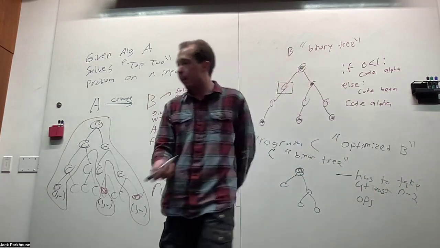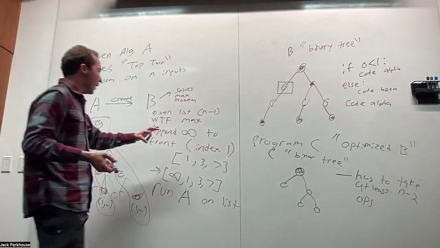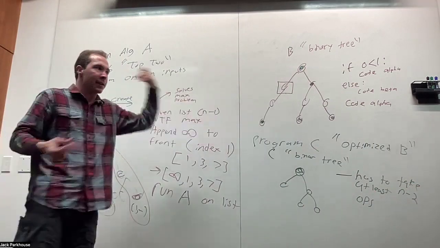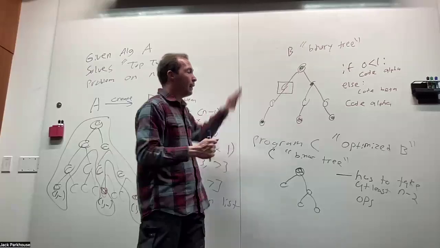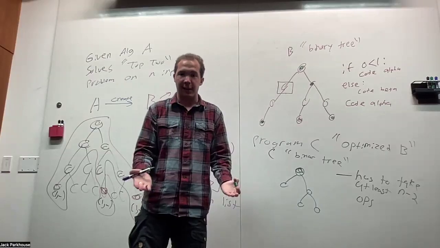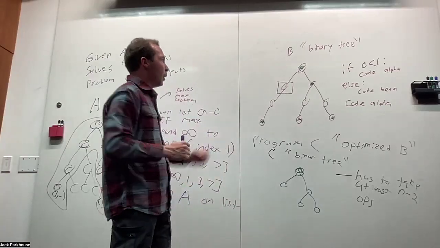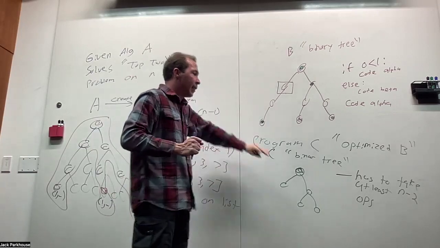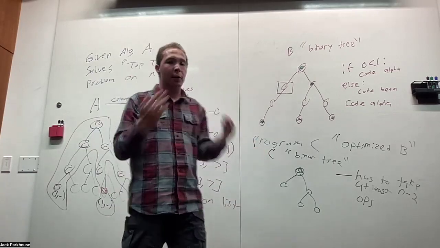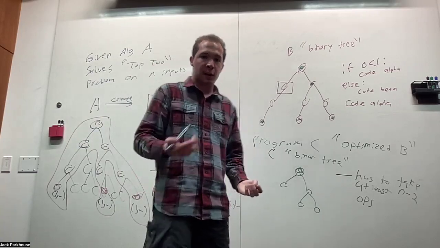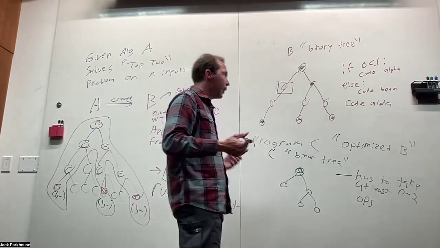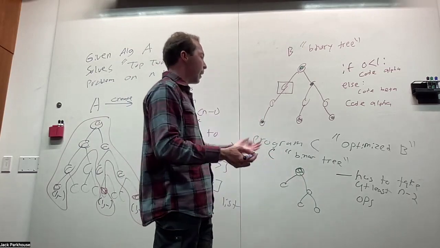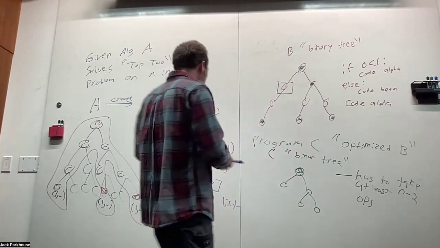Because remember, at the start, we have a list of n-1 elements. And because of the thing from lecture, we know that any valid program needs to take at least n-2 operations, which means that both B and C require that any possible path to any individual leaf must have at least length n-2.